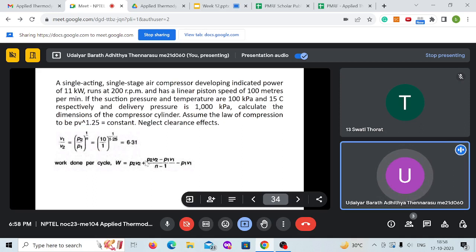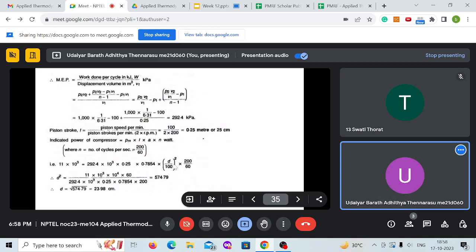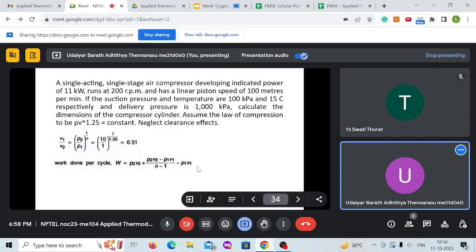P2 V2 plus... If you multiply, this will come out to be n by n minus 1 into P2 V2 minus P1 V1.